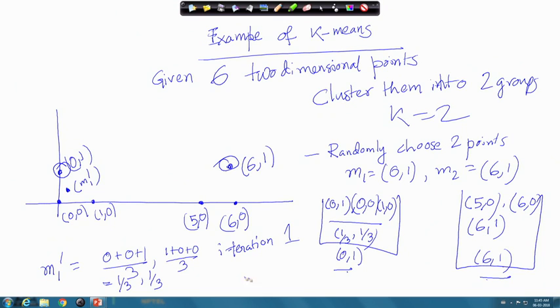For the other one, x is approximately 5.9, and the y axis is (0 plus 0 plus 1) by 3. So, M2 prime is 5.9 and 1/3. So, it is something like here.